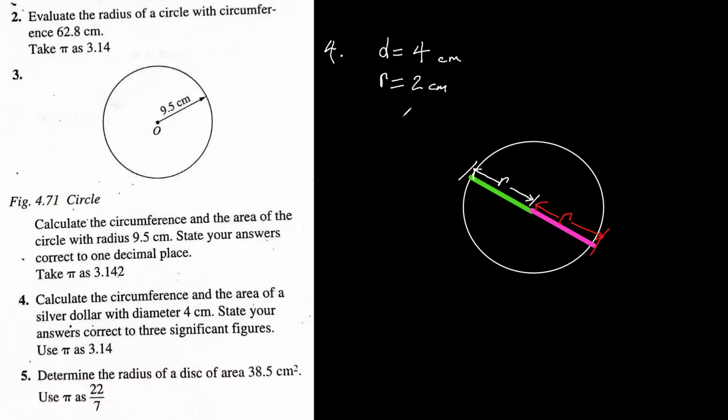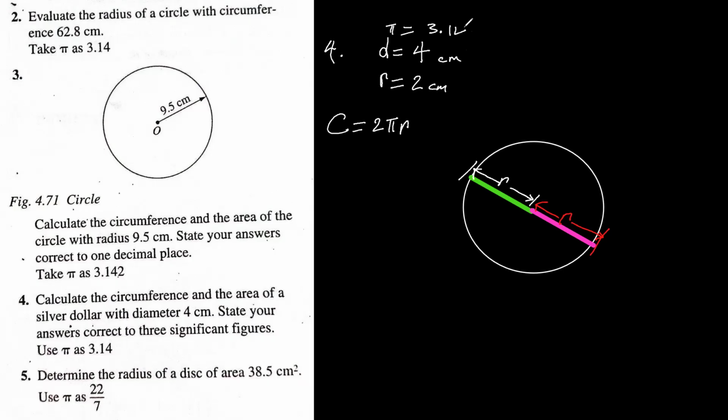Calculate your answers to 3 significant figures. So what they asked me for is, I need to work out the circumference. I'm writing my formula again, 2 pi r. Did they tell us what pi is? They tell us pi is equal to 3.14.